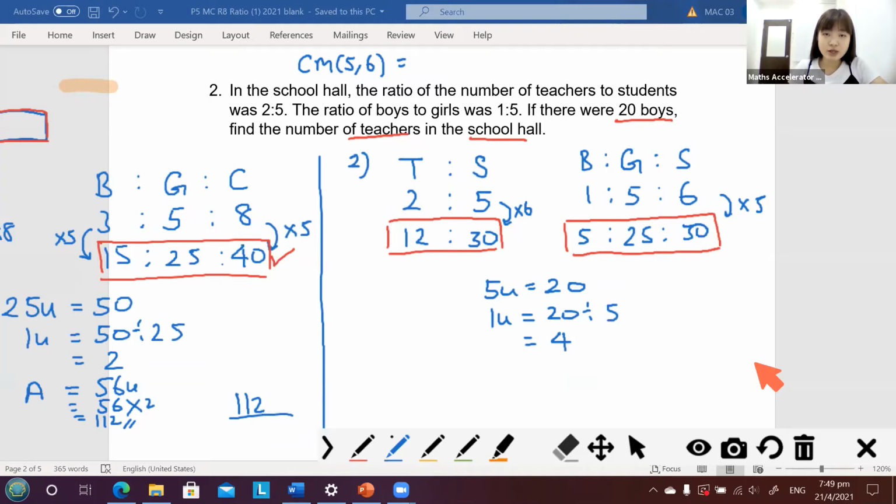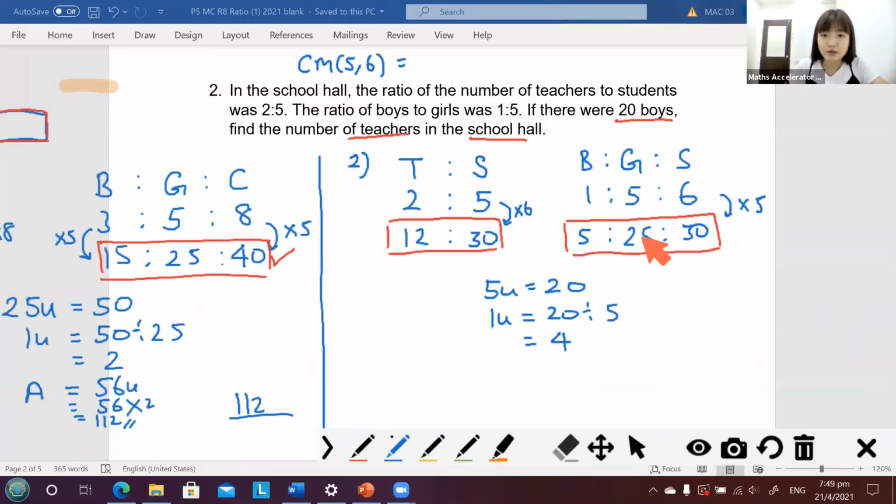If you want teachers, how many units would that be? 2 or 12? You have 2 numbers here, right? Yeah, correct. Definitely 12. It has to be the equivalent ratio, the one that you already changed so the students are the same.